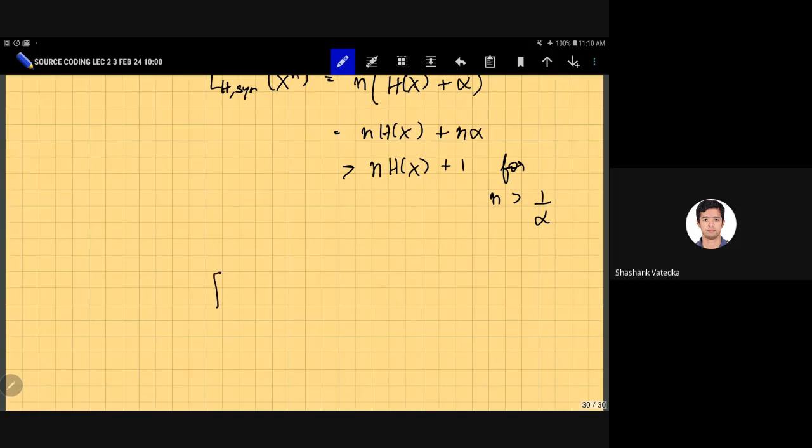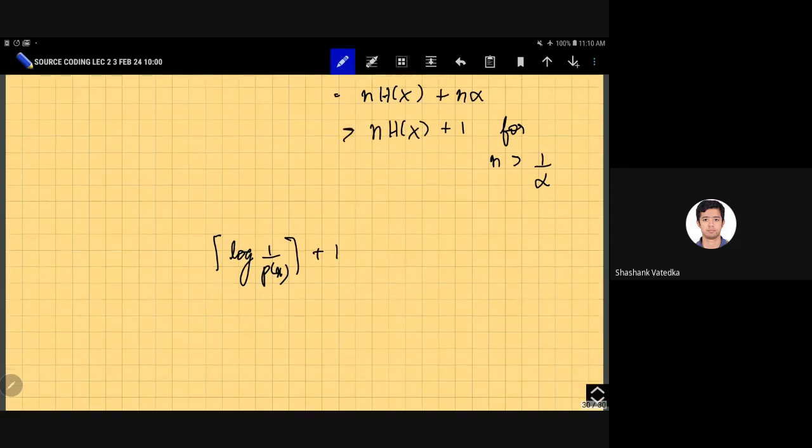It assigns codeword length of ceiling of log 1 over p of x plus 1 bits. Since the source is dyadic, log 1 over p of x is an integer.